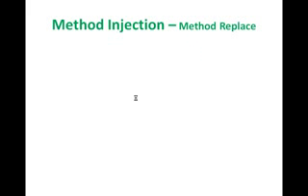Coming to the concept of method injection, this is a very good concept offered by the Spring framework, where let us say we have a class which we are using based on a license, and we don't have any rights to replace or override its methods, and we are not satisfied with one of its methods' implementation.